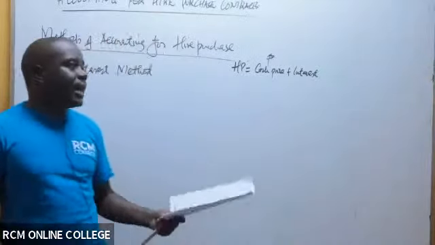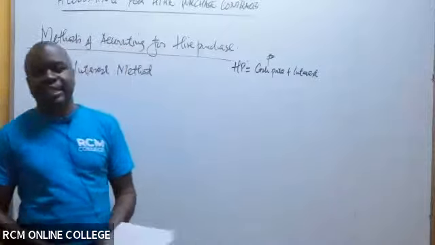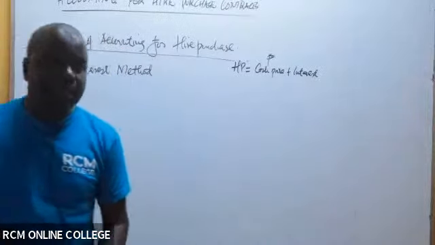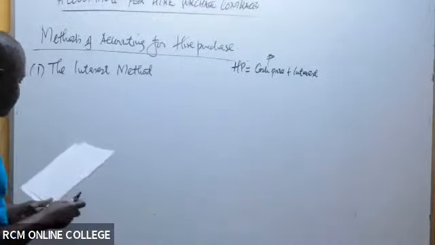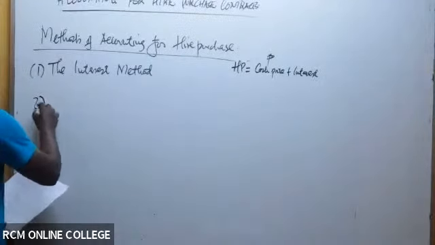Then you recognize it as an income in your income statement. So that's what the interest method means.